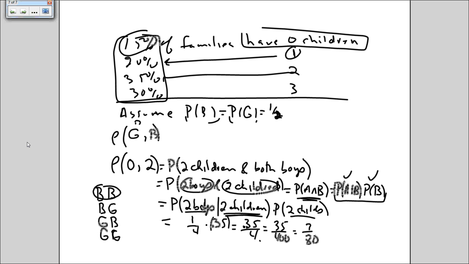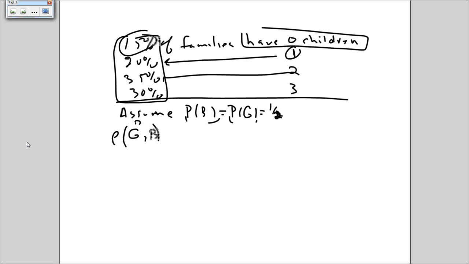Okay. Let's try another one. What if you have 1 girl? Oh, and this last one that I just erased, it was the probability that you have no girls and 2 boys.